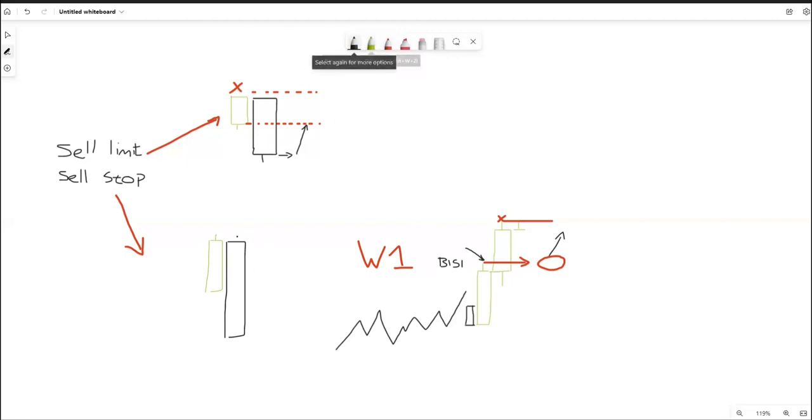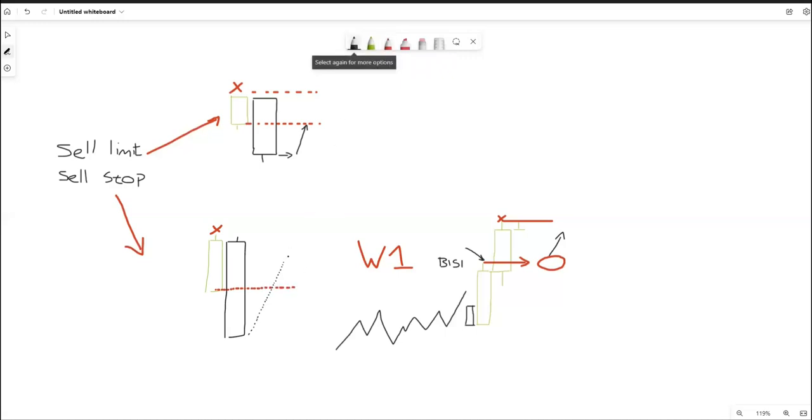All the same, PDA is going to stay the same, except the only difference with a sell stop is that price is already trading higher and it's now above the order block, but now you set a sell stop over here.